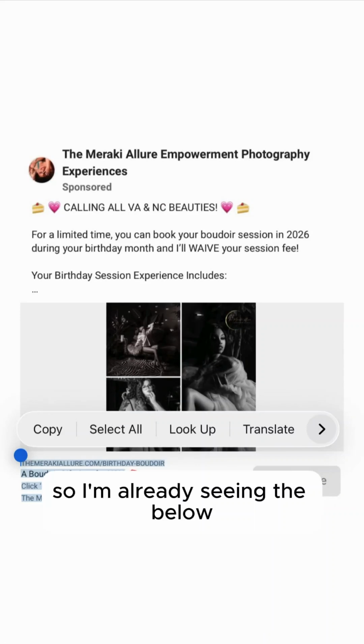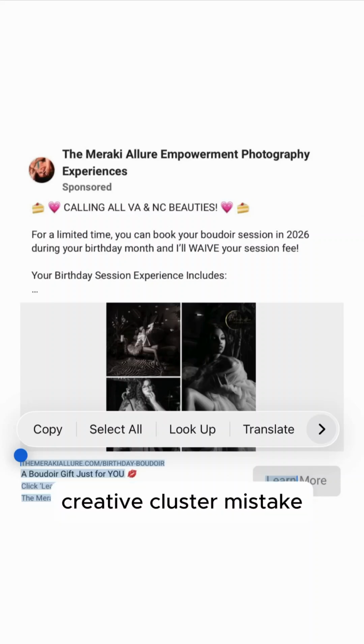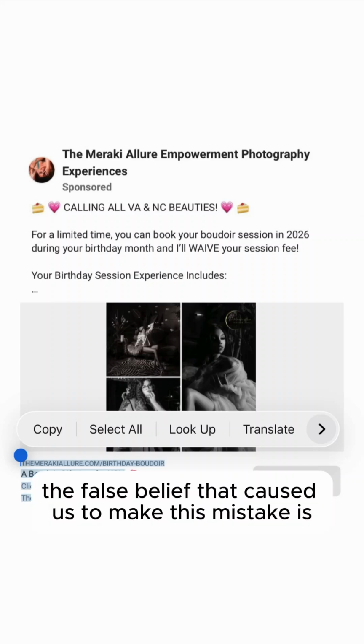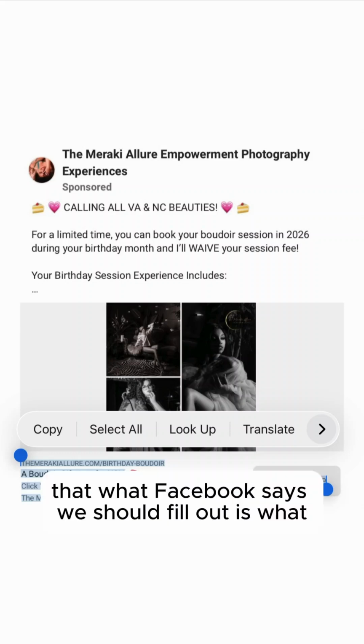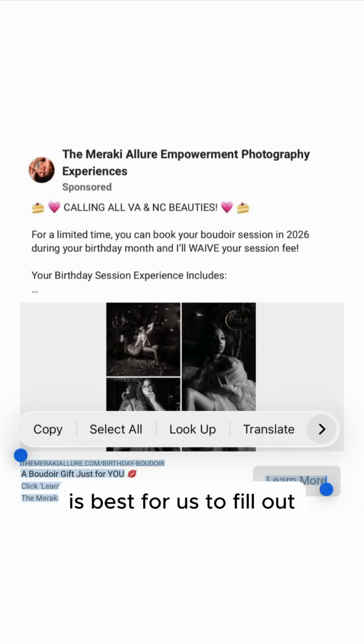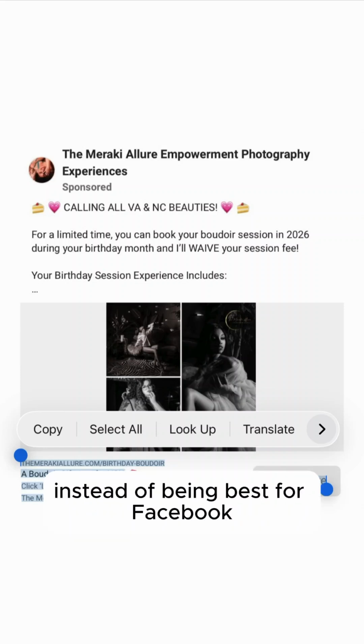So I'm already seeing the below creative cluster mistake. The false belief that caused us to make this mistake is actually trusting that what Facebook says we should fill out is what is best for us to fill out, instead of being best for Facebook.